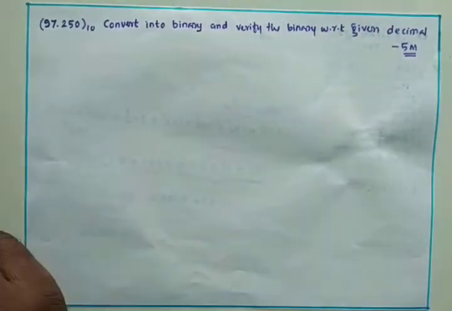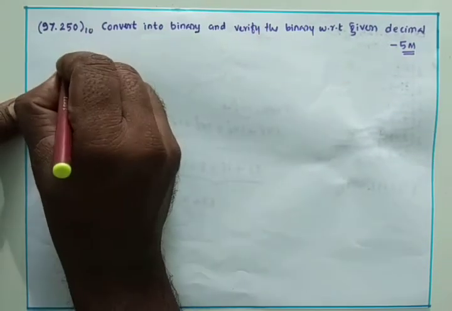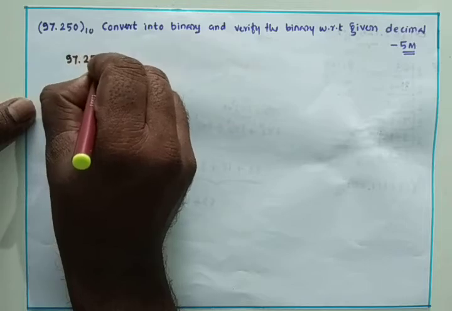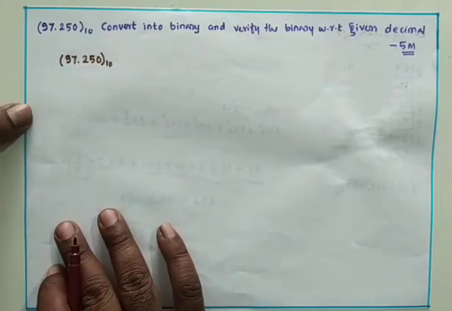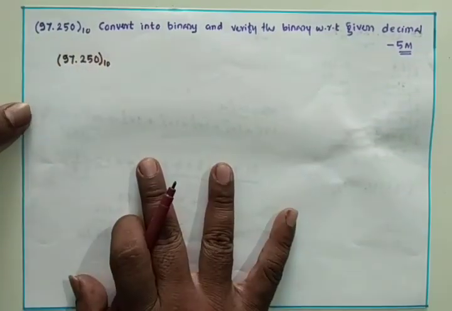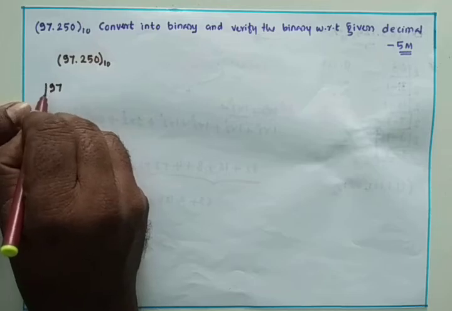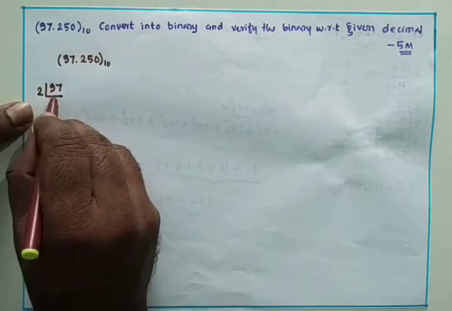First I am going with the number. What is the number we have? 97.250 base 10. It has an integer part as well as a fractional part. Take the integer part, 97, successively divided by 2. 2 4s are 8, remainder 1.